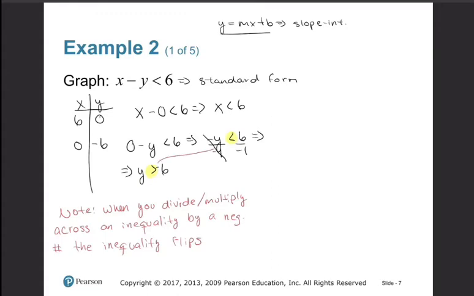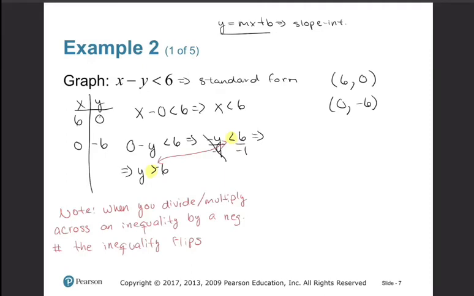Like here. It's flipping, okay? So now that we have that, that means that we have (6, 0) as my first point, and I have (0, negative 6) as my second point. Now we can start graphing, okay?